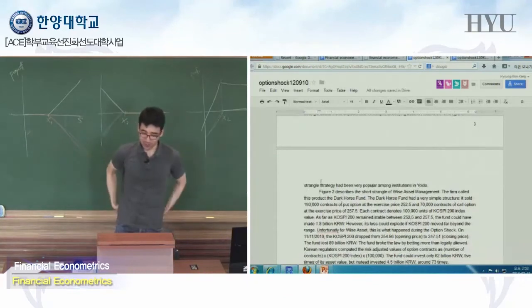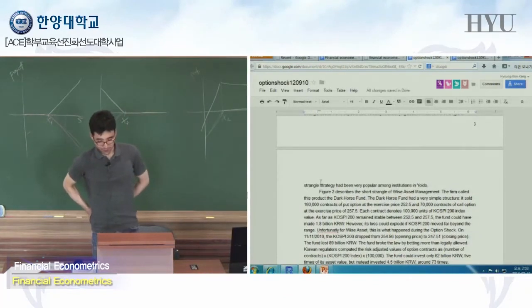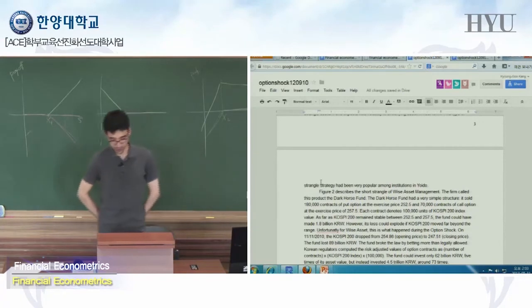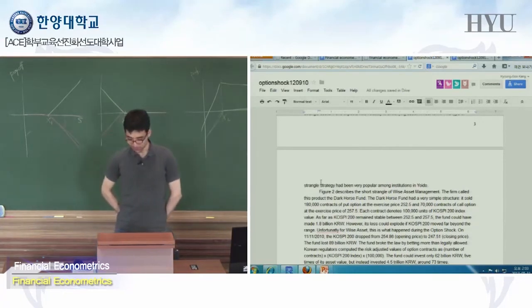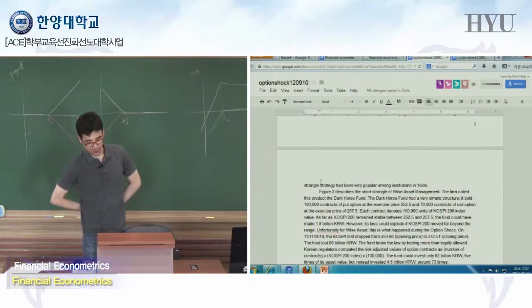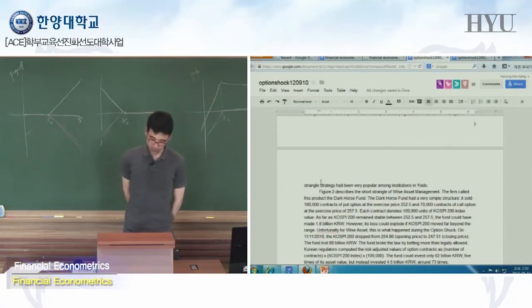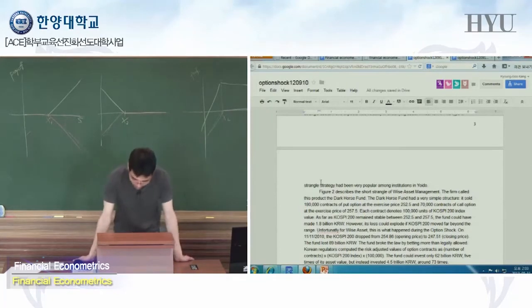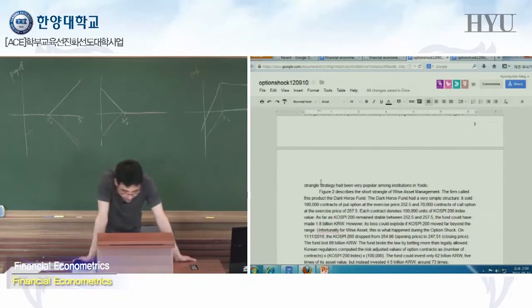Figure 2 describes the short strangle of YSM Management. The firm called this product a dark horse fund. Okay? They call this one a dark horse fund. This dark horse fund had a very simple structure, as I explained. It sold 180,000 contracts of the put option at the exercise price of 252.5. And they also sold 70,000 contracts of the call option at the exercise price of 257.5.